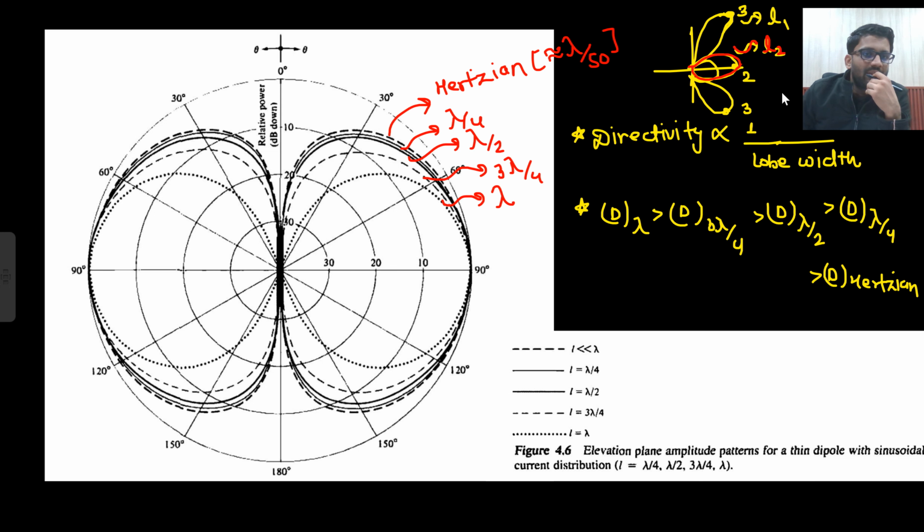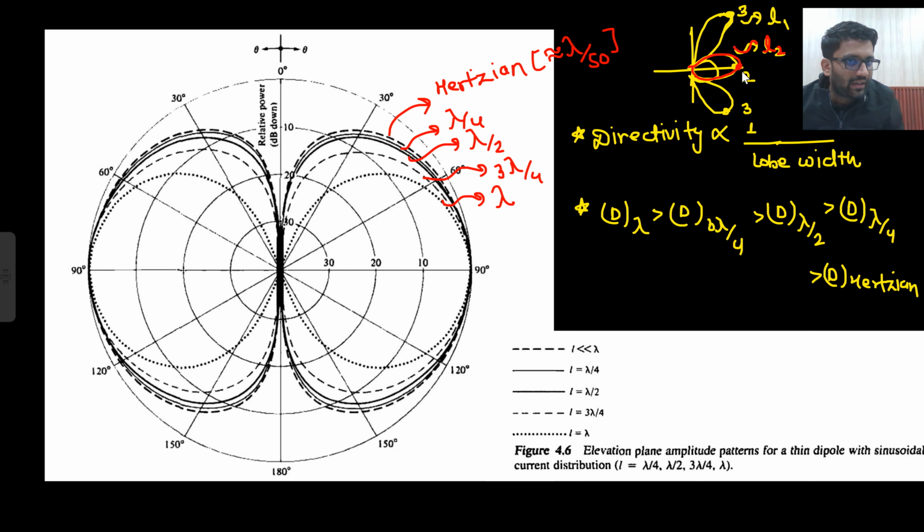The lobe widths are all equal. Who has more directivity? It is more directed if the lobe widths are the same. This lobe width and this lobe width are both the same, so now you need to see who can propagate to the longer distance.